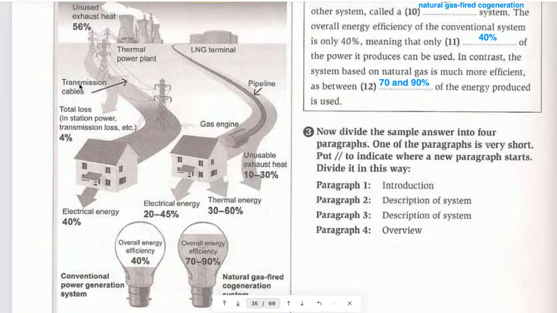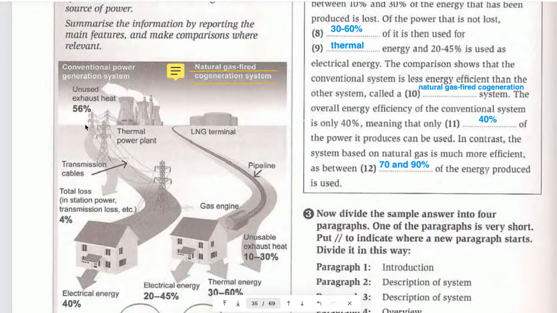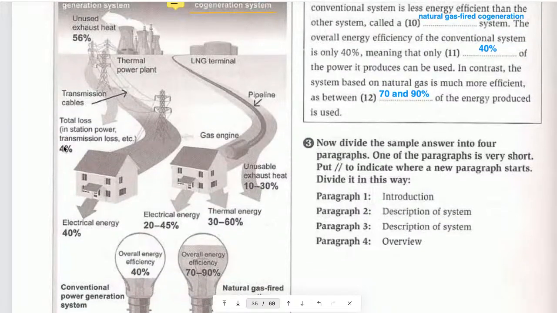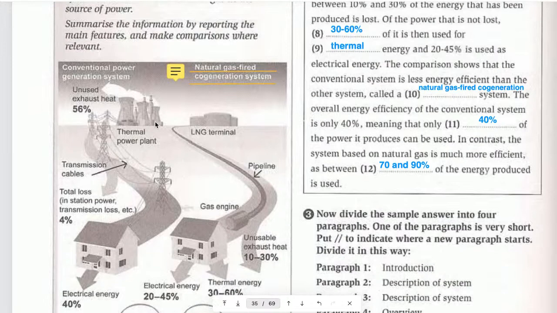Here you see they mention transmission cables, right? And then they say total loss in station power, transmission loss, etc. So that is 4%. Yeah? So at the first stage, they lose 56%. And now at this stage, another 4% is lost. Okay?